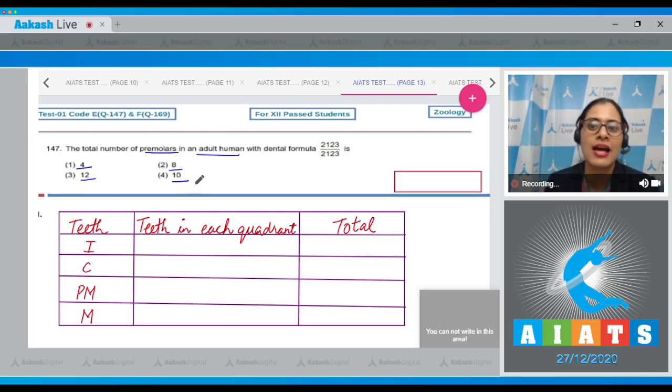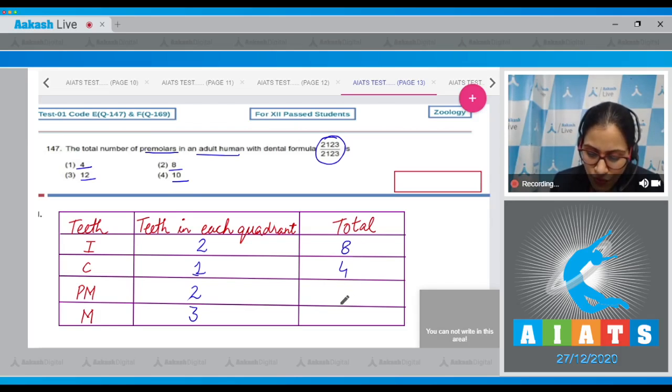An adult human has 32 permanent teeth, which are of 4 different types, namely incisors I, canine C, premolar PM and molars M. And the arrangement of teeth in each quadrant jaw in order I, C, PM and M is represented by dental formula 2123 by 2123, in which the teeth in each quadrant are 2, 1, 2 and 3. That totals up to 8, 4, 8 and 12. So the correct answer for this question is option number 2, 8. The total number of premolars would be 8.